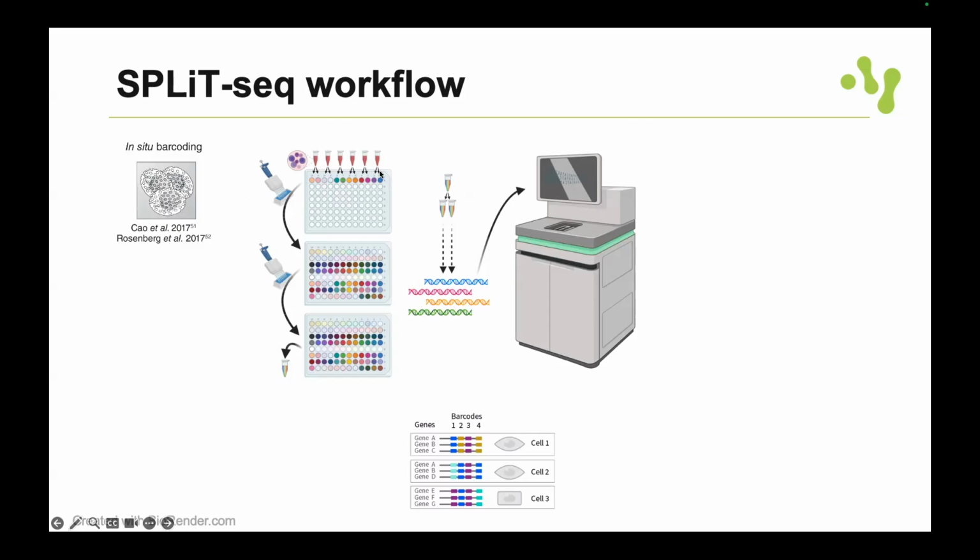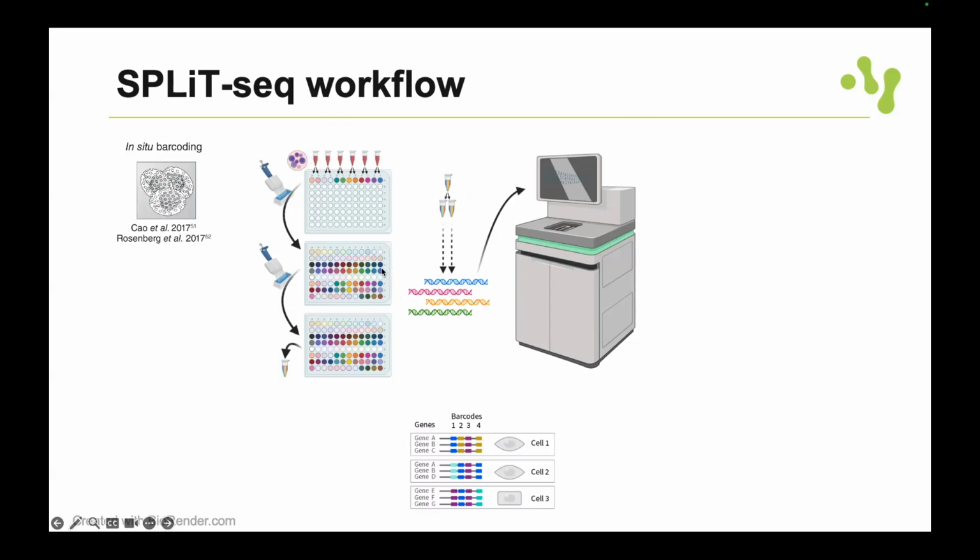Then you do the RT reaction and a ligation that will add a barcode from that well. Then you pool the cells from all of the wells, and you distribute them to a new plate where there are 96 new barcodes. And then you ligate that barcode to your cDNA.